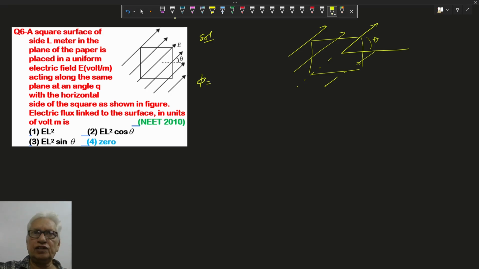The flux linkage will be E, the electrical field, times the area, and the angle between the electrical field and the normal to the plane of the square is again 90 degrees. Because of cos 90, there is no flux linking. So option 4 is correct.